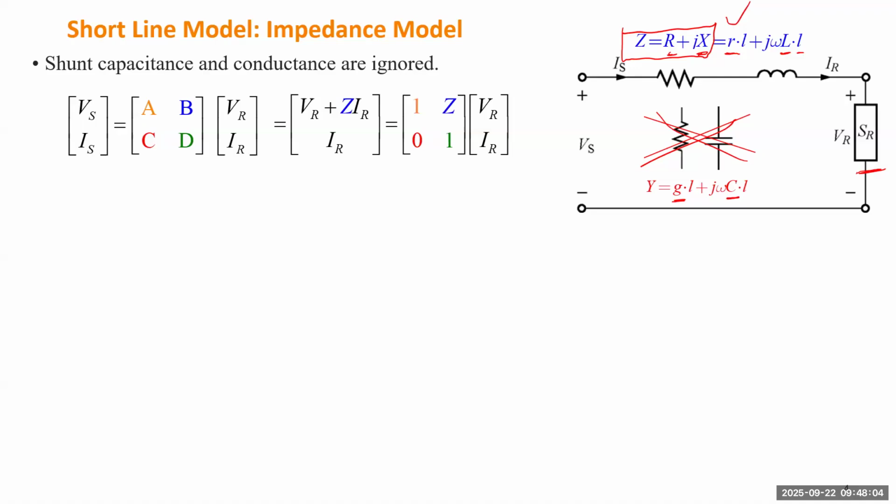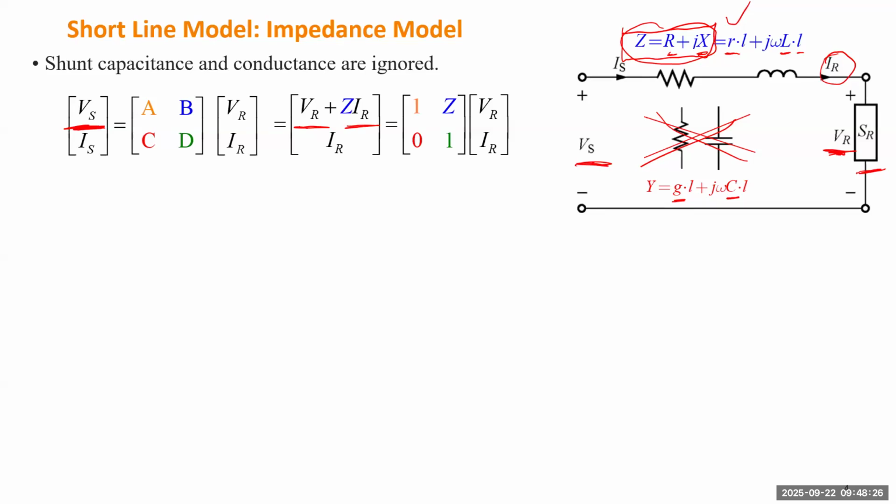All right, so based on Kirchhoff's voltage law, Vs is simply VR plus the voltage drop on this impedance, and this impedance carries the current IR. So it is simply VR plus Z times IR.